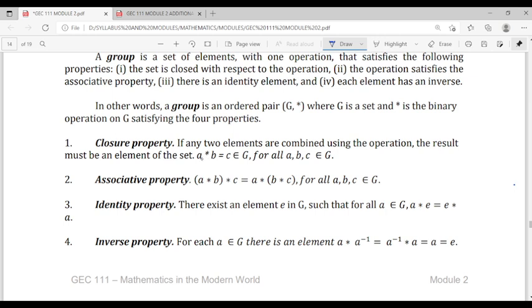So closure, A times B is equal to C, wherein this is an element of G. And the associative property, the quantity A times B times C is also equal siya sa A times the quantity B times C. Identity, so A times E is equal to E times A. Inverse, A times the inverse of A is equal to the inverse of A times A is equal to E.